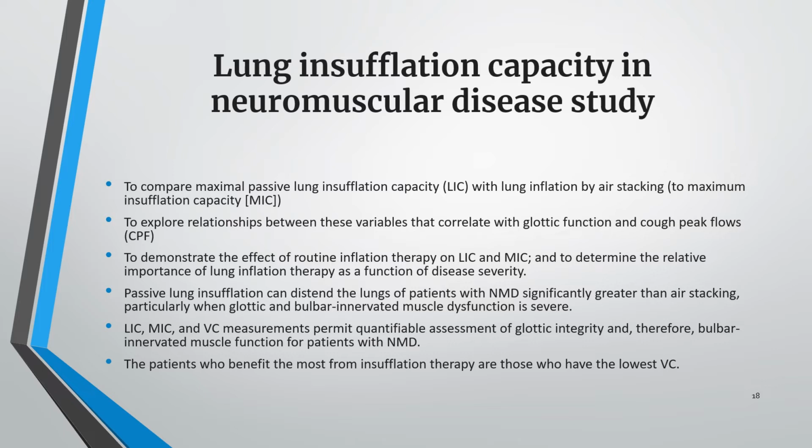They found that the patients who benefited the most came from maximum insufflation capacity, which is done with an ambu bag. What they found was that they could actually do quantifiable assessment of glottic integrity by comparing vital capacity measurements. And the patients who benefited the most from this technique were those who had the lowest vital capacity.